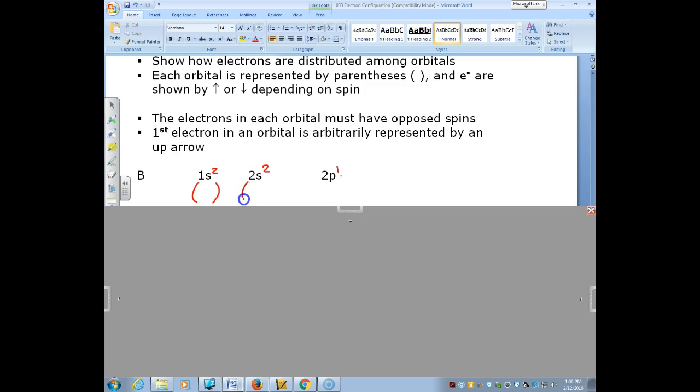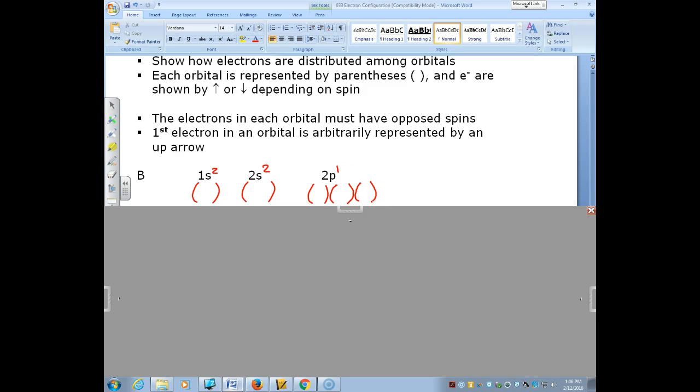It is also only one way to orient that in three-dimensional space, so only one set of parentheses. If you will remember that P can hold up to 6 electrons, and it has 3 different orbital orientations. That dumbbell shape could be along the x-axis, along the y-axis, or along the z-axis. So I draw 3 sets of parentheses there.